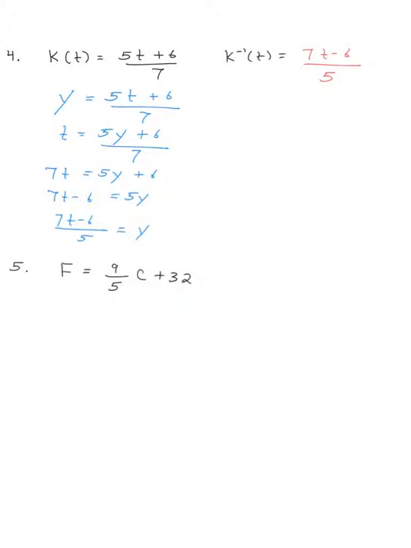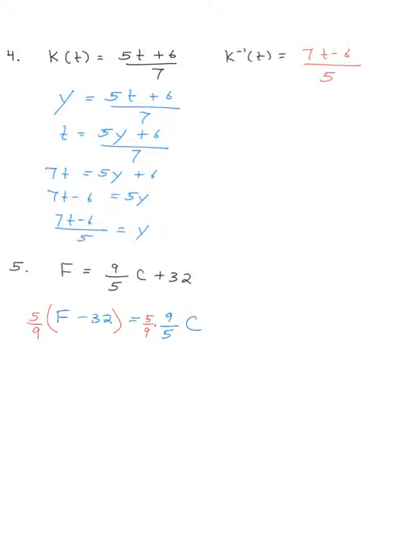Questions 5 and 6 are closely related, so for this problem, I'm actually not going to switch around f and c or relabel anything. I'm simply just going to solve this equation for c just to see what happens. So to do that, I would start by subtracting 32 from both sides. And to get c by itself, I'd have to multiply both sides by 5/9.